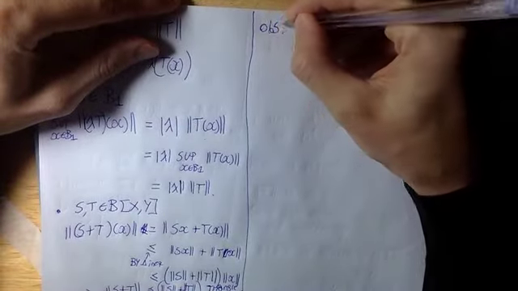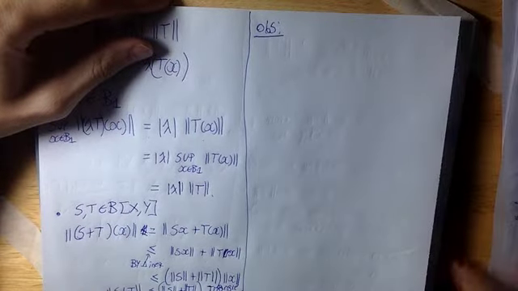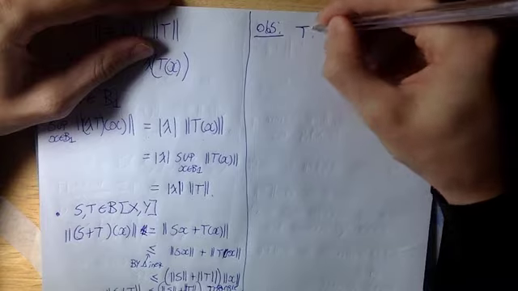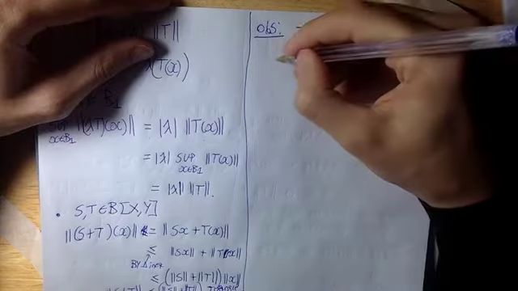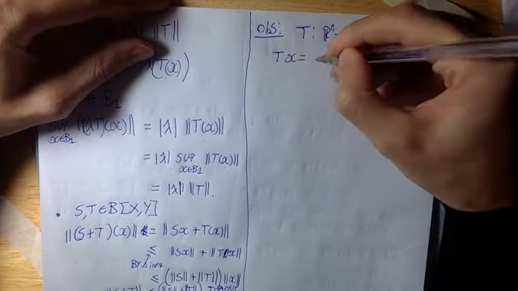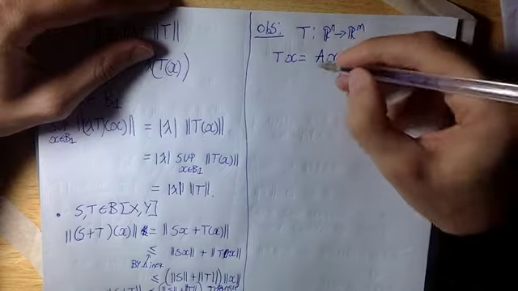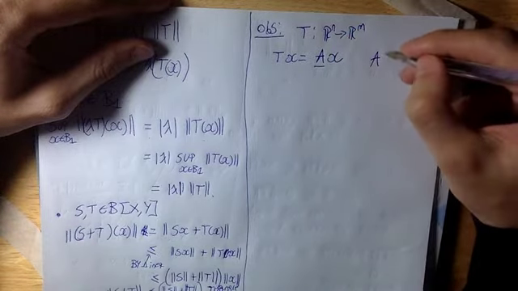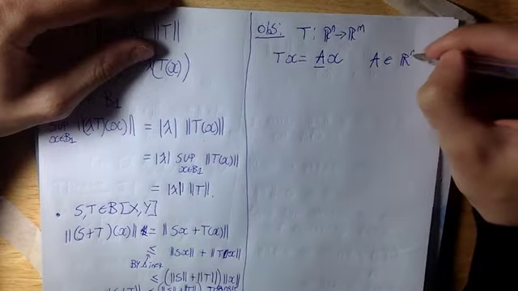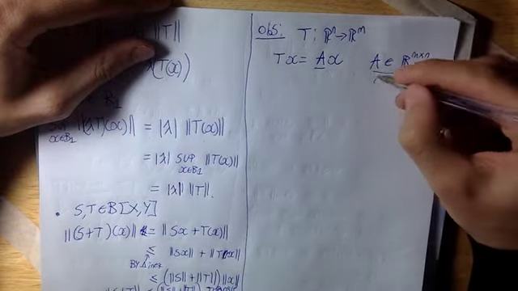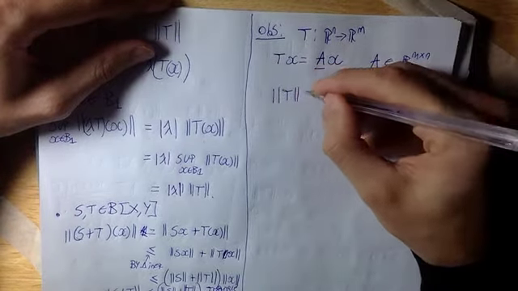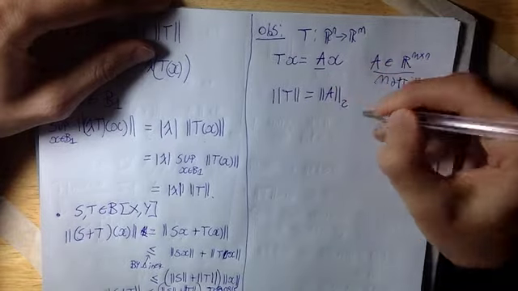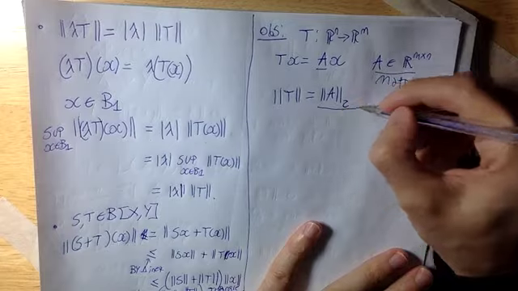Okay, so let's follow an observation that is in the book. The observation is that if we consider the linear operator going from R^n to R^m, that we define by T of x equal to A times x, where A is an m by n matrix, then the norm of T is equal to the induced norm of the matrix.